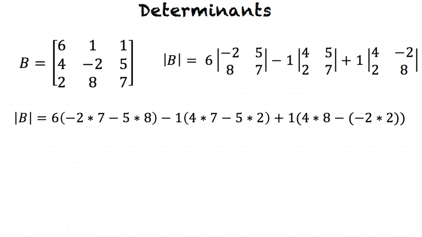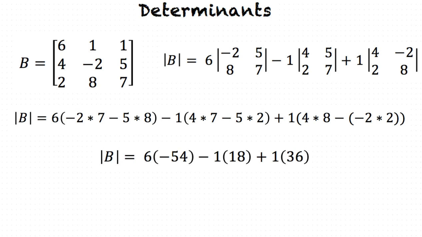Now we continue to simplify. This gives us the determinant of B is equal to 6 times negative 54 minus 1 times 18 plus 1 times 36. Now our final answer will be the determinant of B is equal to negative 306.